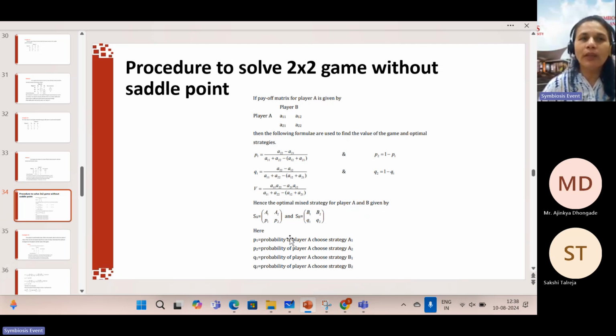If player A has only two strategies, A1 and A2, their corresponding probabilities are P1 and P2, so the sum of P1 and P2 is going to be 1, because it is the sum of the probabilities corresponding to player A. In the same manner, I can do it for player B, and then we have derived these formulas.